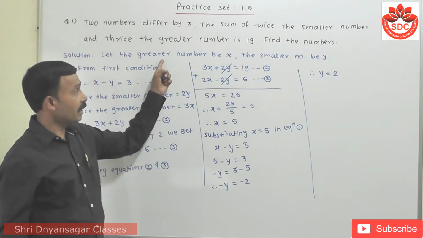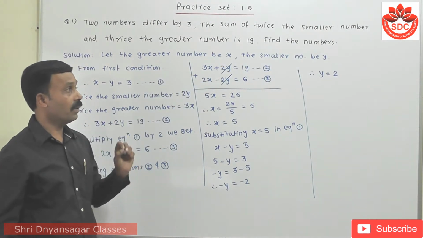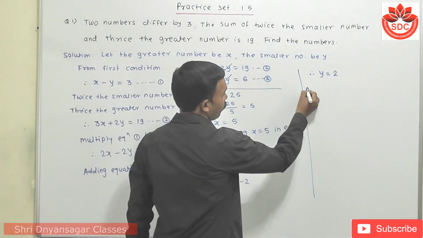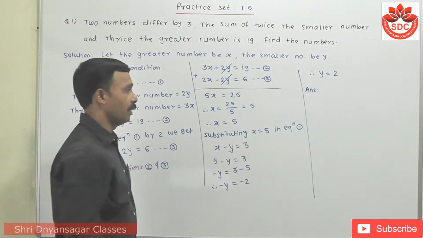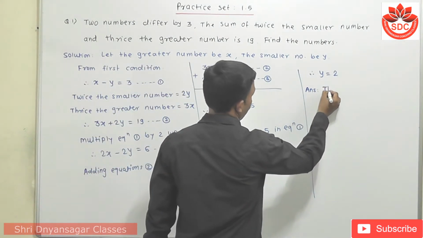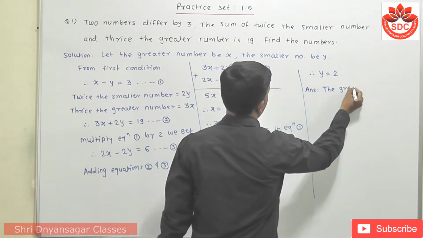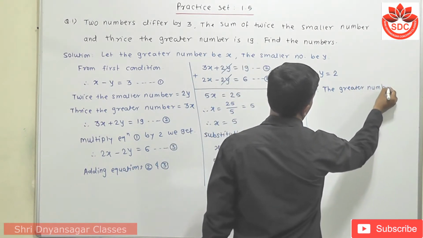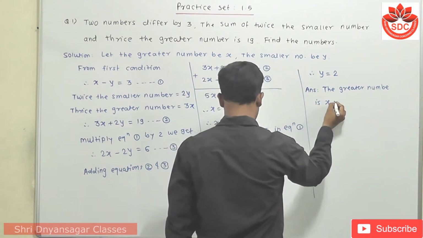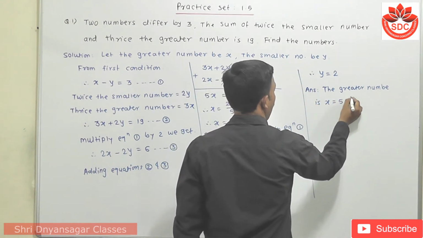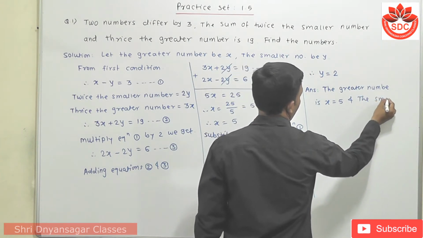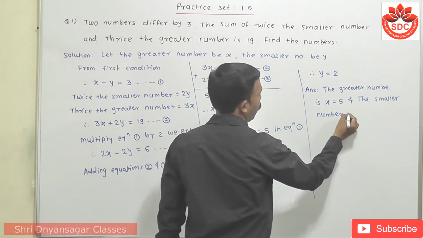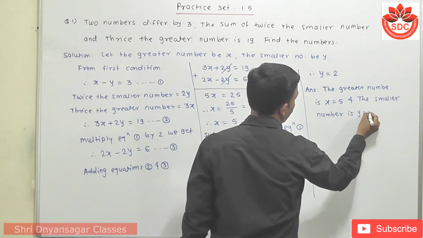Hence x is 5 and y is 2. x is the greater number and y is the smaller number. Therefore the given numbers are 5 and 2. We have to write the answer in a full sentence. Answer: therefore the greater number is x equal to 5 and the smaller number is y equal to 2.